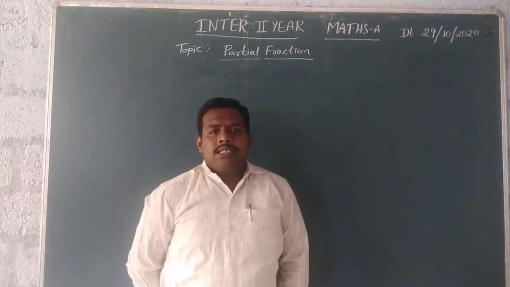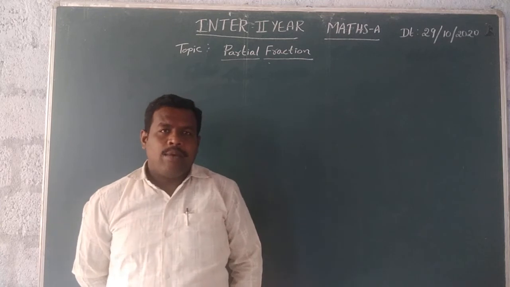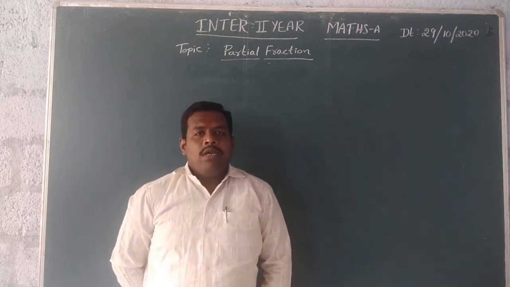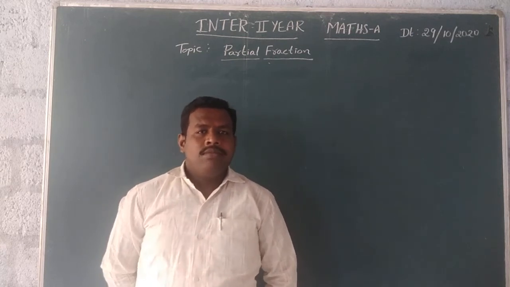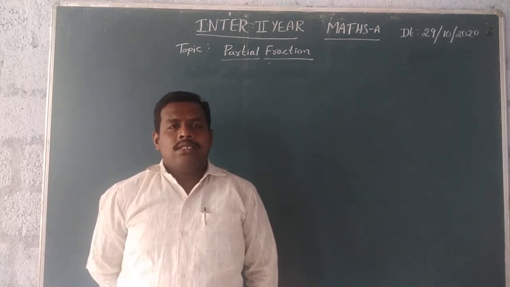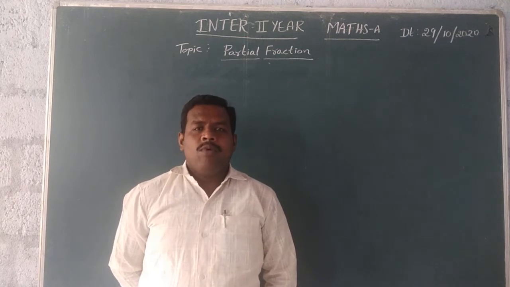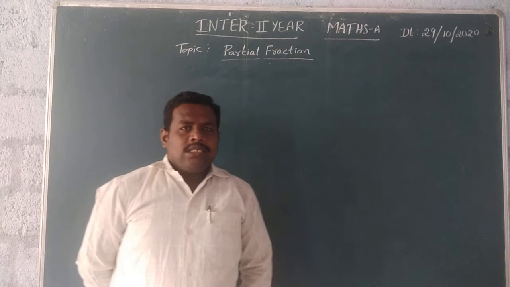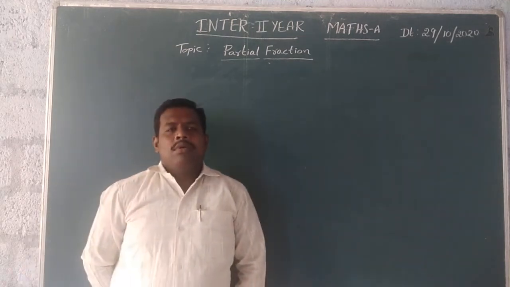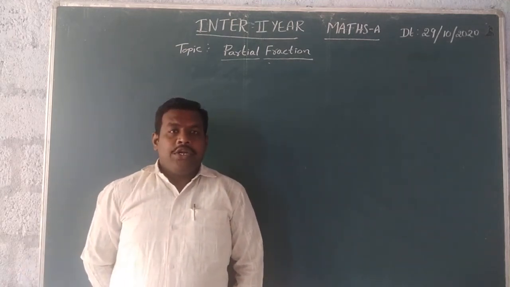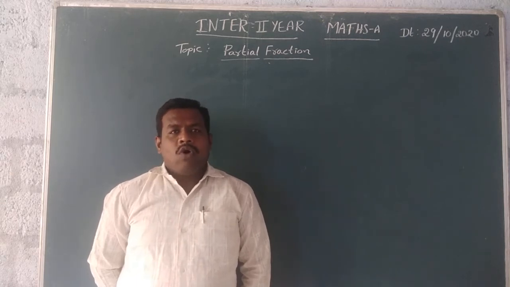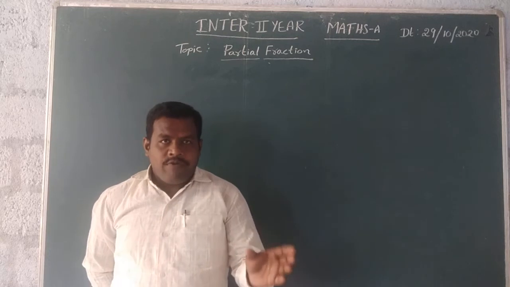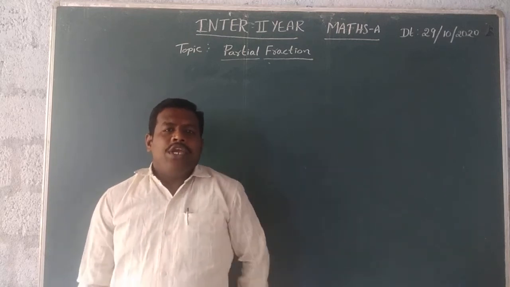In the previous class, we discussed the definition of rational fraction, proper and improper fraction, partial fractions, and irreducible polynomial. Today in this class we will discuss how to reduce a proper fraction into partial fractions.